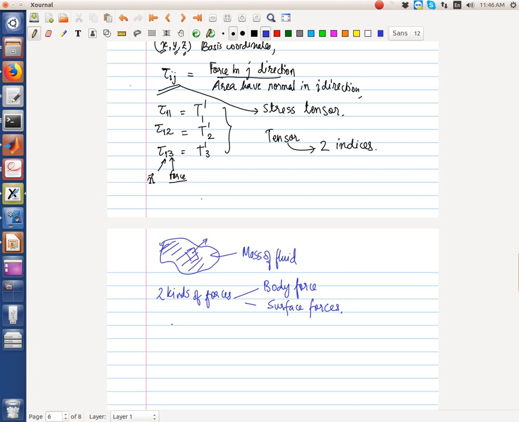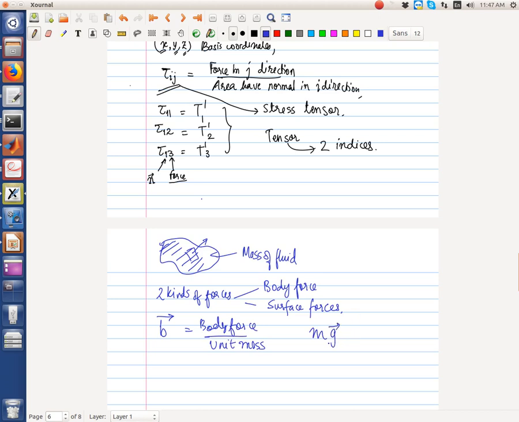So if we represent body force density as B, where B is body force per unit mass. If we have acceleration due to gravity, we all know that the force is mass times gravitation.